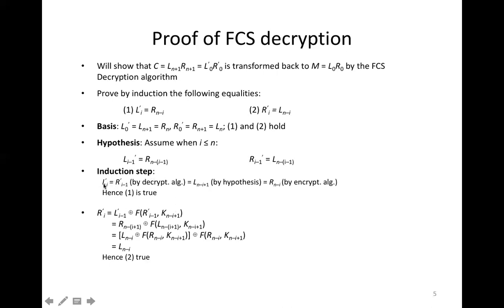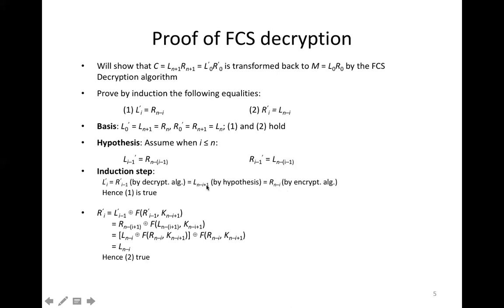So from here, we are going to look at L sub i prime, which is, by the decryption algorithm, from the previous R sub i minus 1 prime. By hypothesis, we know it is equal to L sub n minus i plus 1.